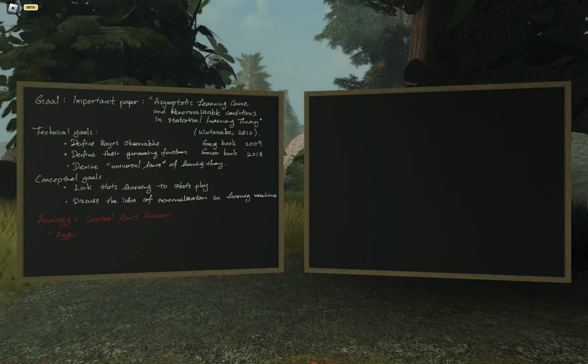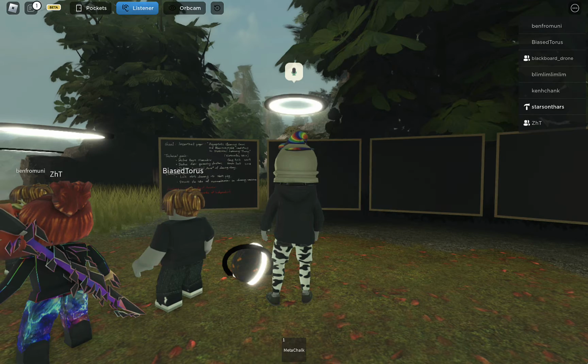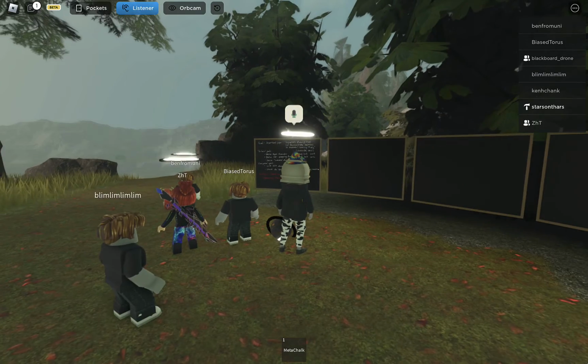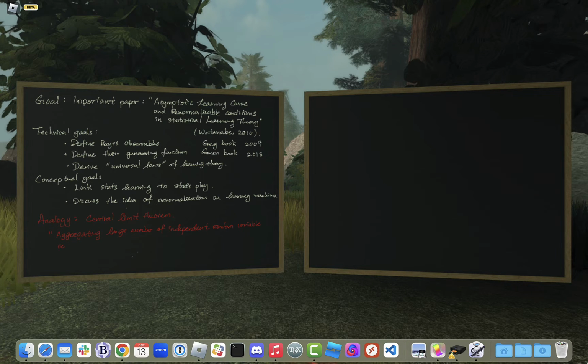The central limit theorem says that aggregating a large number of independent random variables results in a Gaussian.